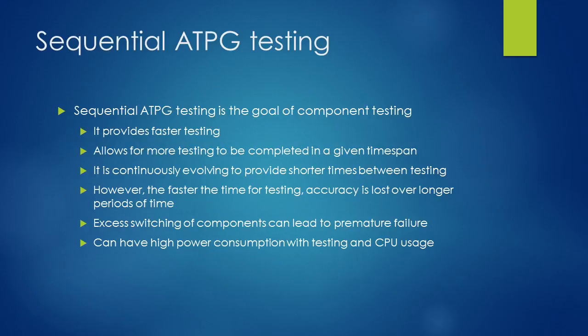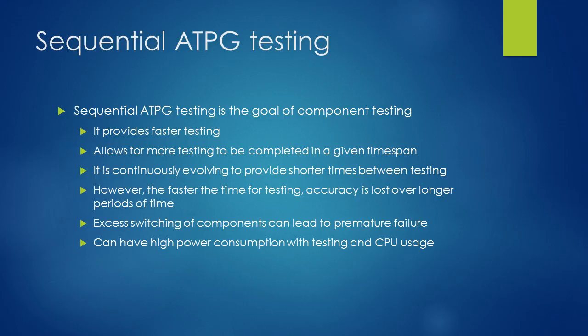Sequential ATPG testing. Sequential ATPG testing is the goal of component testing. Sequential ATPG testing provides faster testing. It allows for more testing to be completed in a given time span. It is also continuously evolving to provide shorter times between testing.